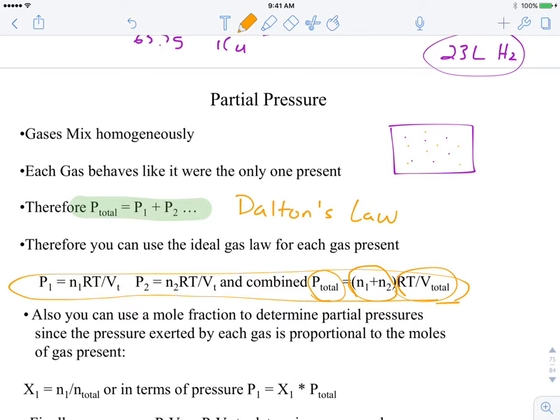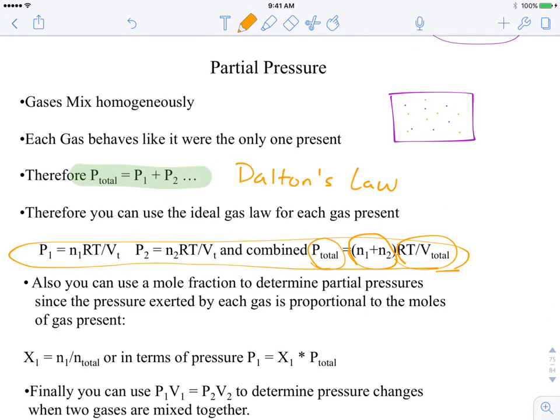Now sometimes I'm not given temperature and I'm not given volume. All that I'm really given is the number of moles of each gas. Then I have to use a different law, based on Dalton's law of partial pressure, but it looks like this. The pressure of the gas is equal to the mole fraction of the gas, which is the moles of the gas over the total moles, times the pressure total.